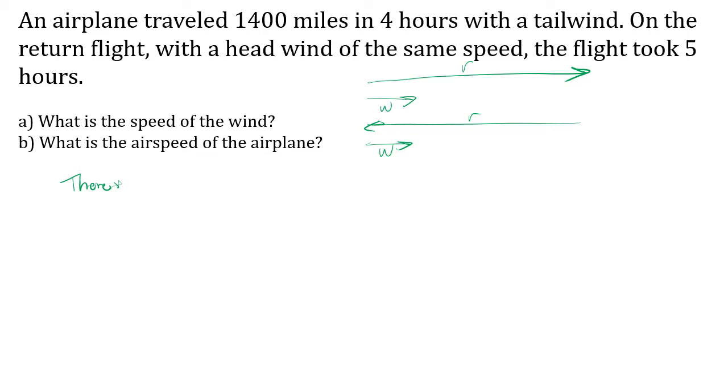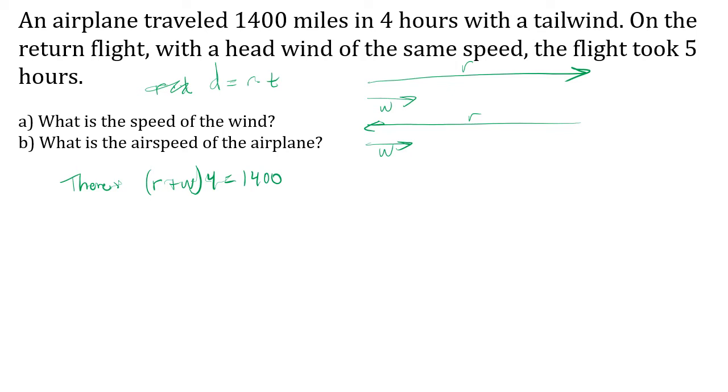We know distance equals rate times time. The rate on the way there, which is the combination of R plus W, times the 4 hours is equal to the total distance of 1,400 miles.